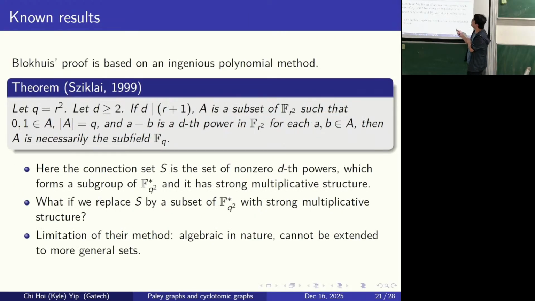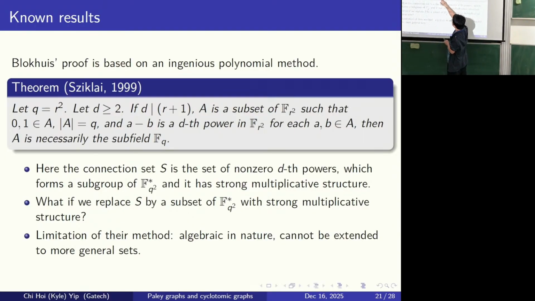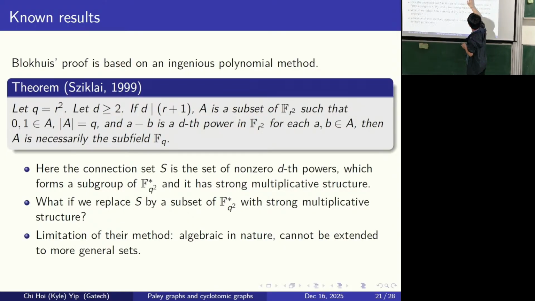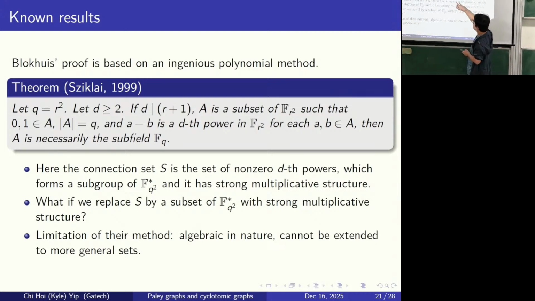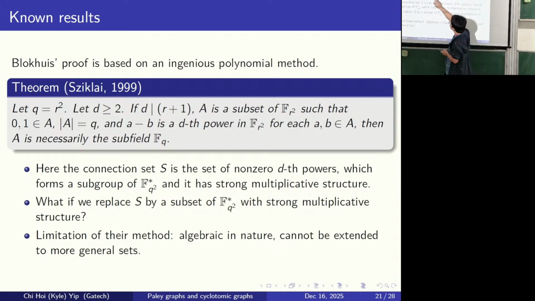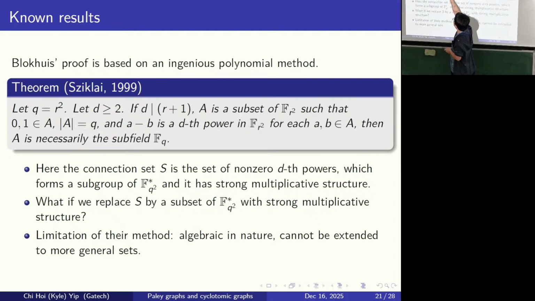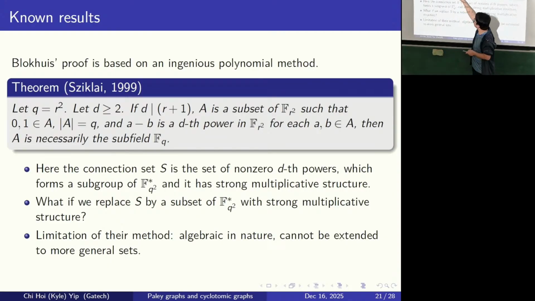So one generalization was studied by Sziklai, where he studied the same question for d-Paley graphs. But you need to have one more assumption. I'm sorry, the notation here is probably not consistent, but the idea is that we need d to divide q plus 1, so here it should be q.